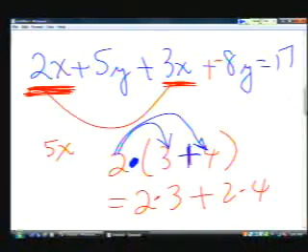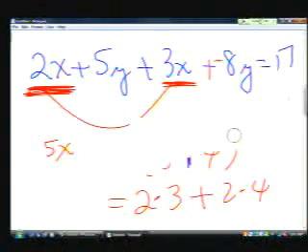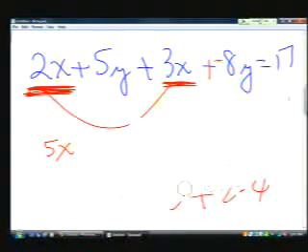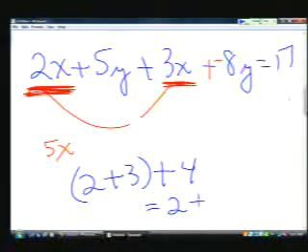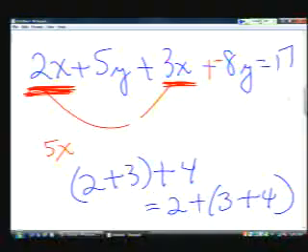One other property I just hinted towards was the associative property. The associative property means it doesn't matter which ones you associate first. So if we take 2 plus 3 and add those first, then add 4, it's the same thing as if we added the 3 plus 4 first, then added it to the 2.